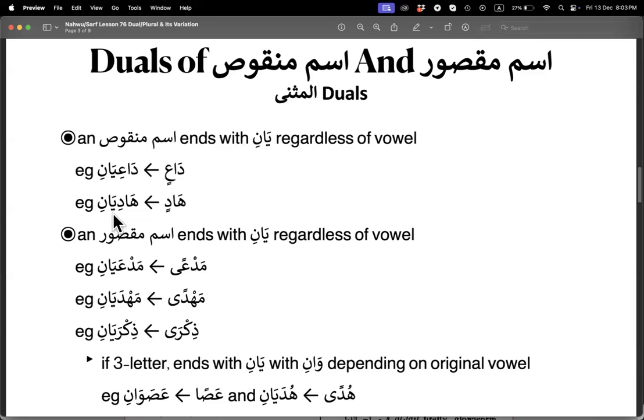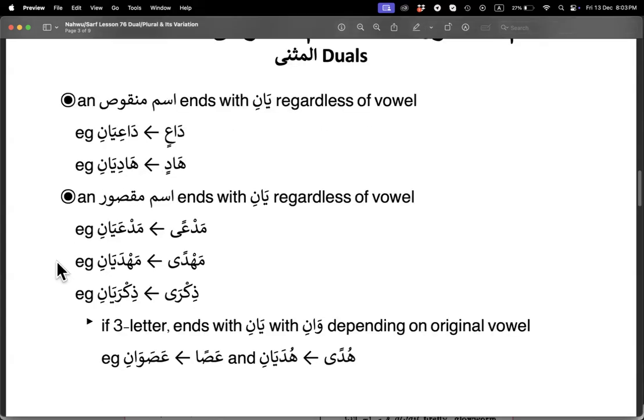That we've done in sarf. Same thing here also; these we've done in nakis. Do you remember what kind of word pattern this is? That is for these two: mada'an and mahdan. These are isms, right? Yes, definitely ism. What family are we looking at?